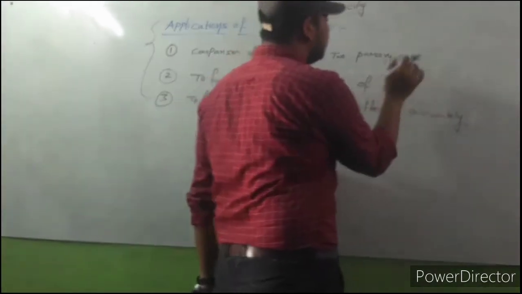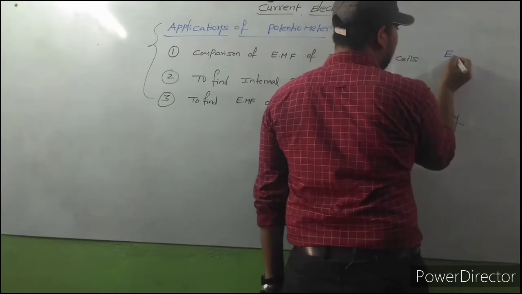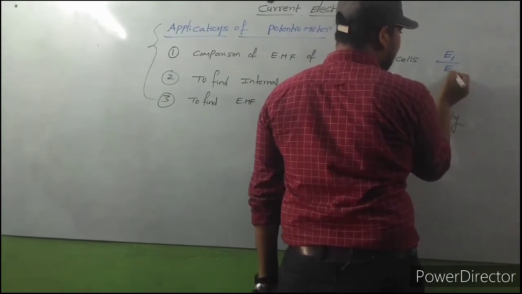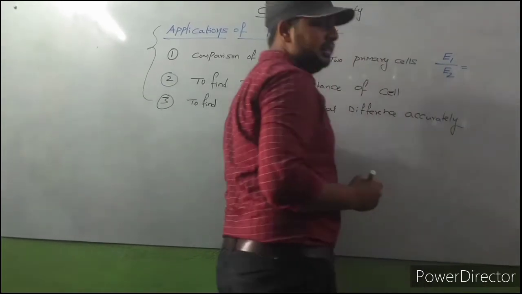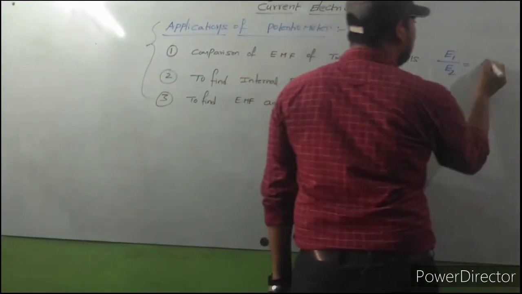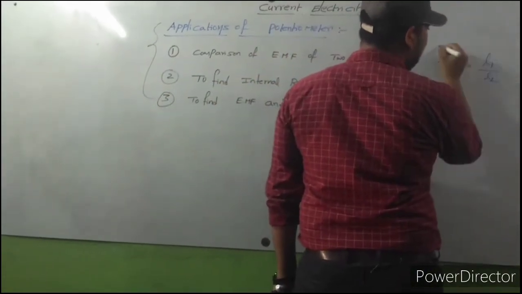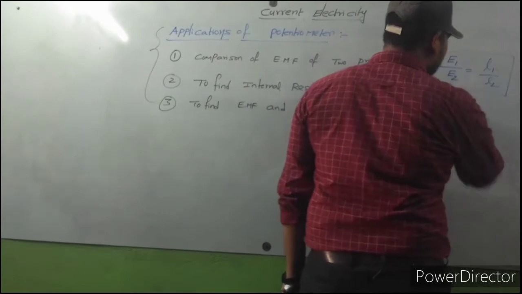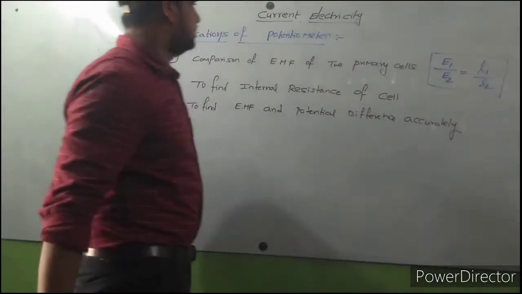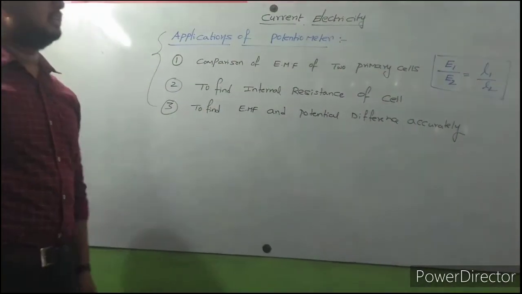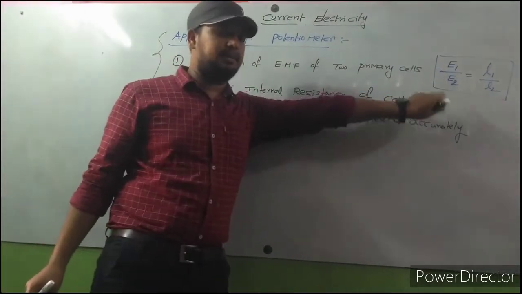Comparison of EMF of two cells means, for example, if one cell has EMF E1 and the second cell has EMF E2, then E1 by E2 is equal to L1 by L2. This is the formula, and we will derive it in this application.